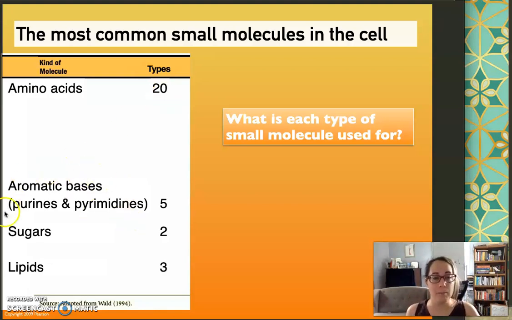For aromatic bases, which are the nucleotides, we have 5. Remember, we have 5 because we have one base that differs between RNA and DNA, and we'll talk about that tomorrow. And then we have a number of different types of sugars in the cell and different lipids, and we won't get into that right now at all.